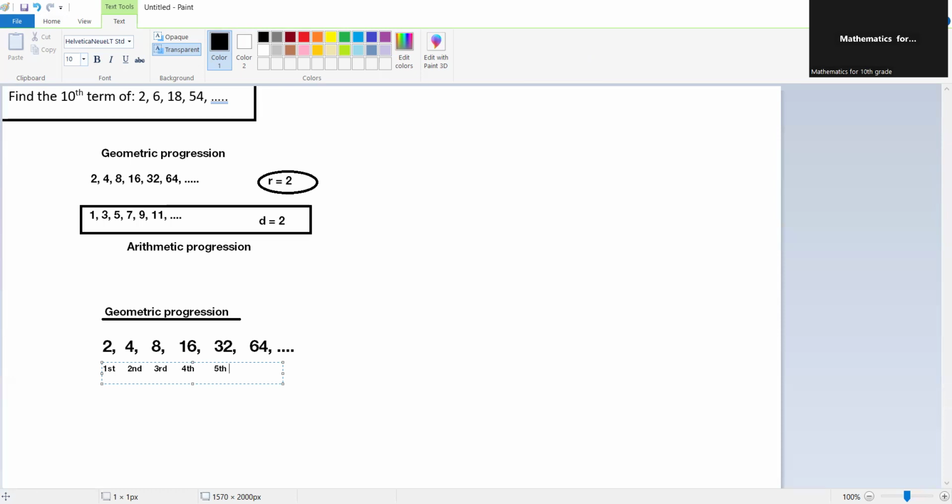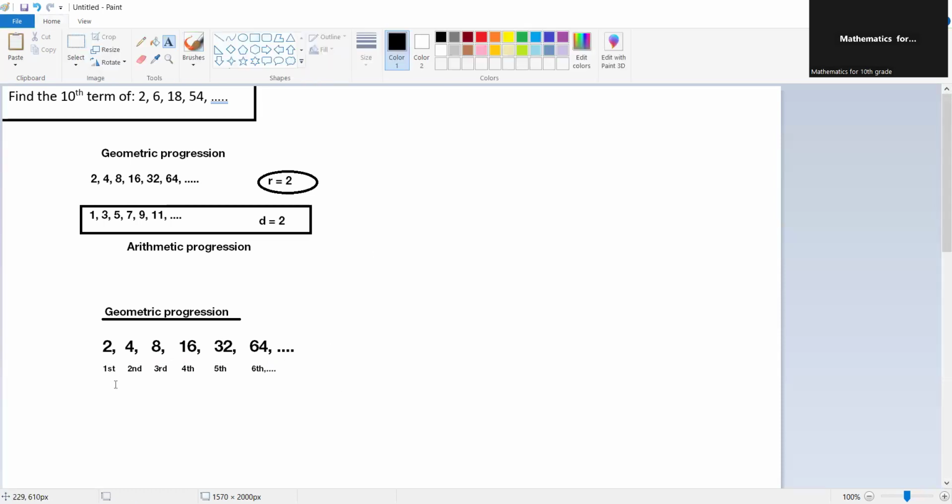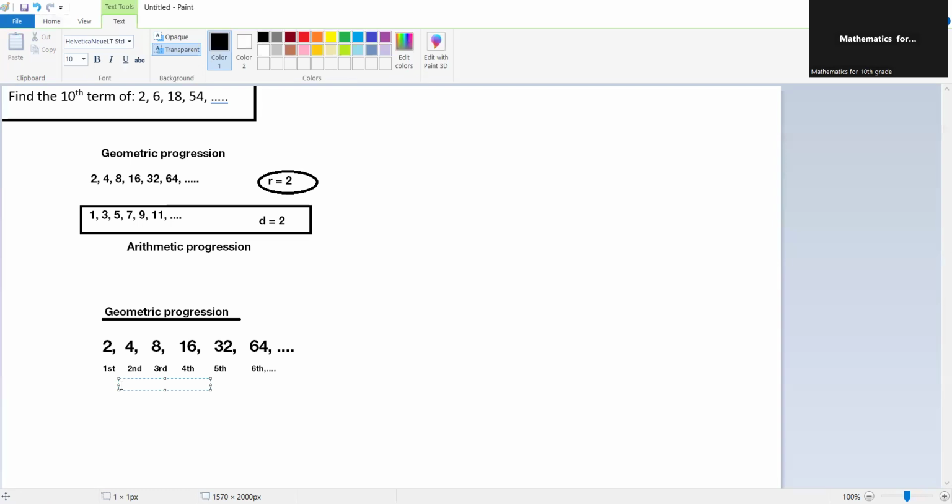Fifth term. And the sixth term. And so on and so forth. So if you multiply the first term into r, which is the common factor, I'll again increase the font size to 20.